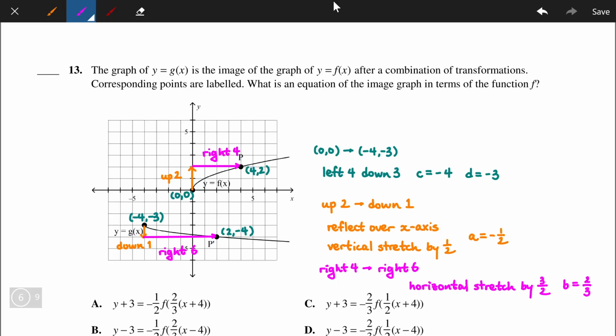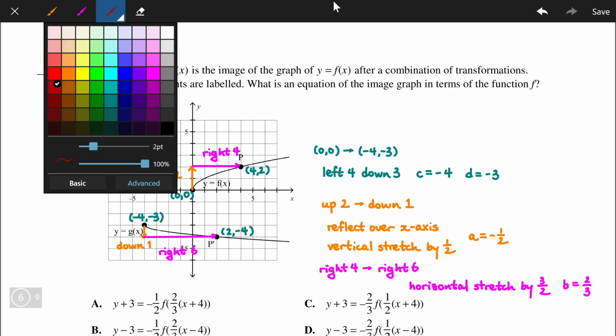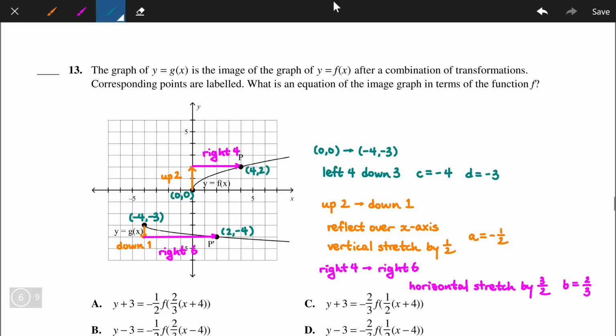And combining all 4 of those A, B, C, and D values that we found, we get y is equal to -1/2 f of (2/3 (x + 4)) and then outside of the parentheses, -3. And so the answer is A.